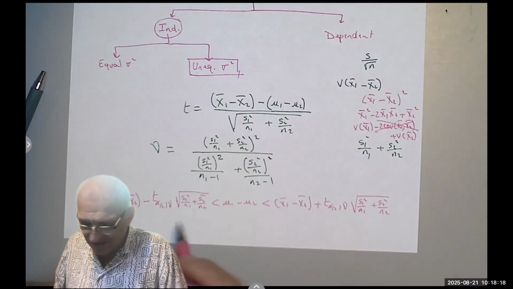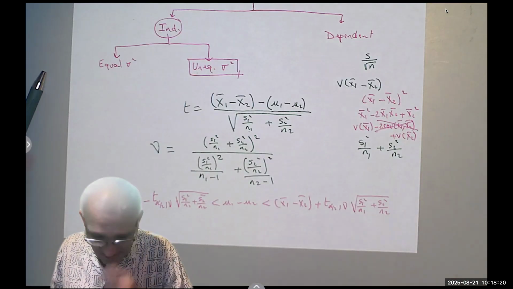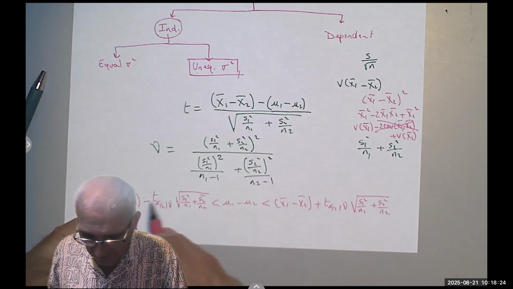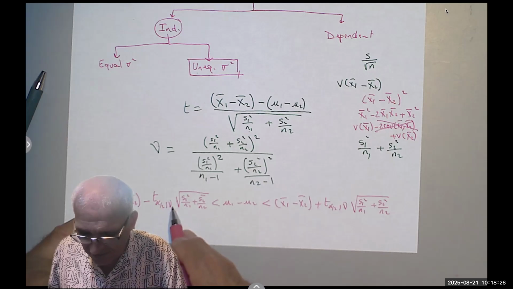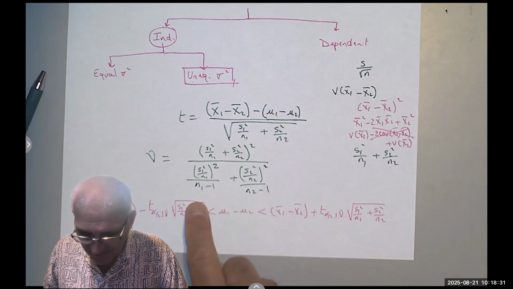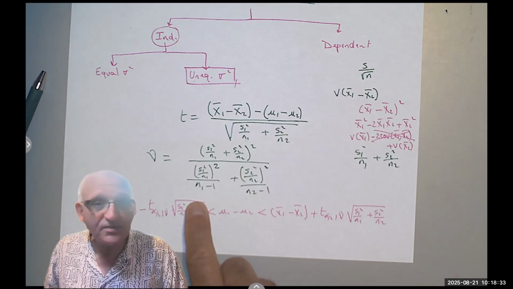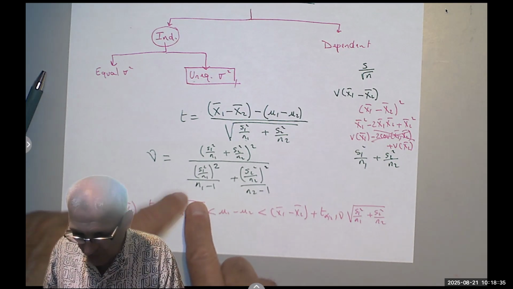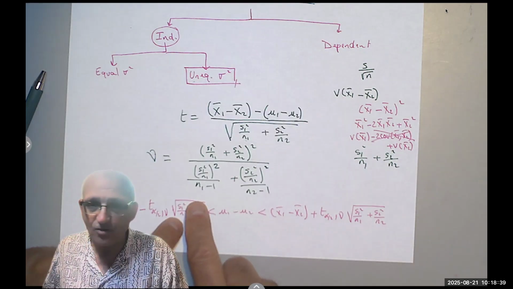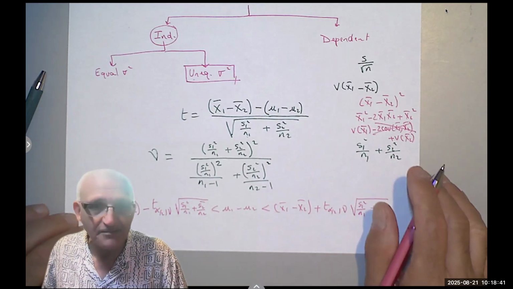Notice that this is almost identical to the single case. mu1 is greater than x1 bar minus t alpha over 2 degrees of freedom times S over root n. Because if I don't have the subscript 1, S1 square goes out as S, and root n stays in the denominator. So it's the same thing exactly.